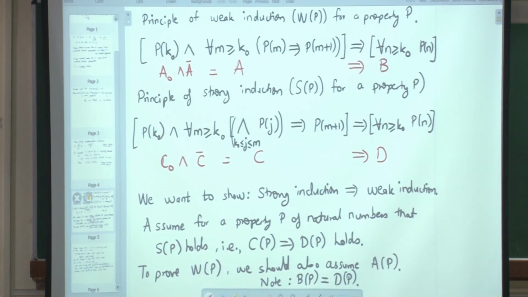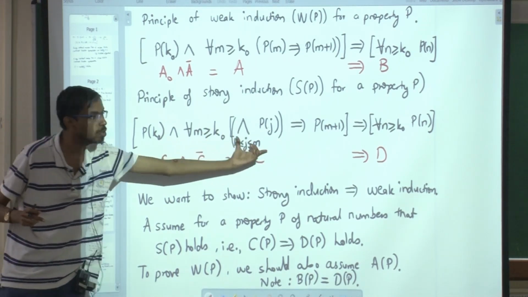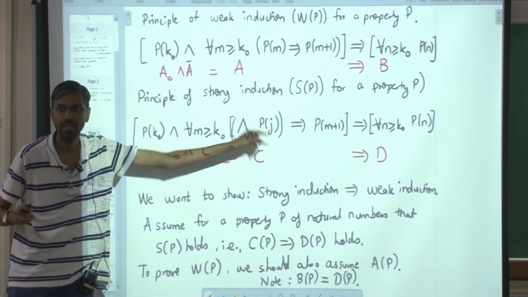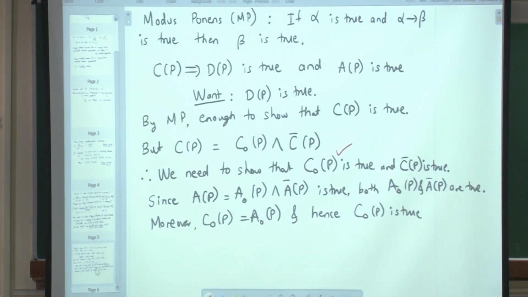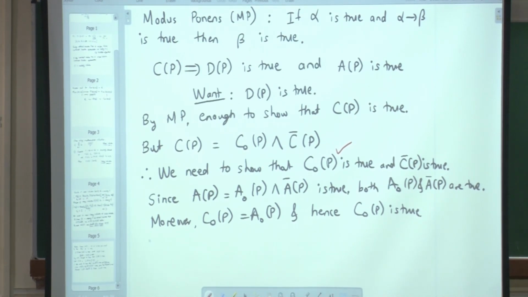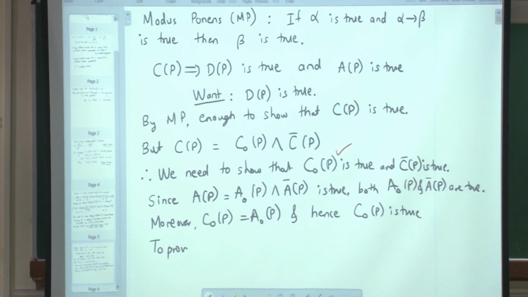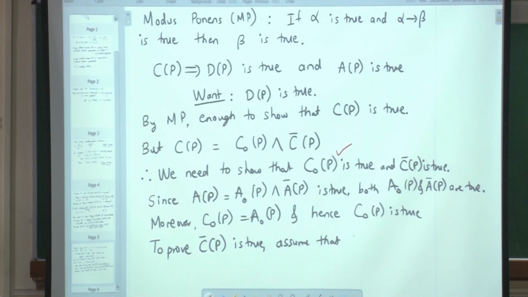So we should choose an m and then assume this side and then prove the right hand side. Okay. So to prove C bar P is true, assume that for any m bigger equal K0, this is true.